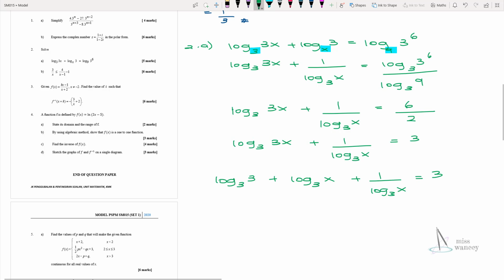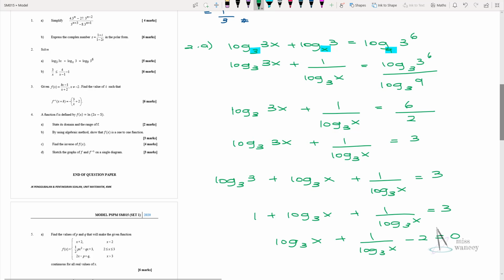So log 3 is 1, so I have 1 plus log 3x plus 1 over log 3x, and this is equal to 3. So log 3x plus 1 over log 3x, 1 minus 3, so negative 2 equal to 0.